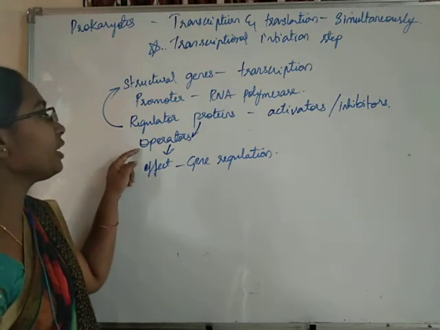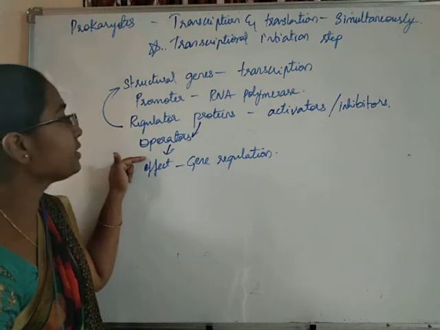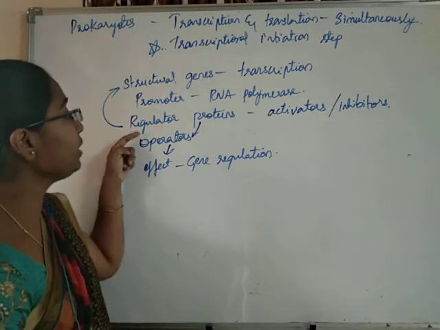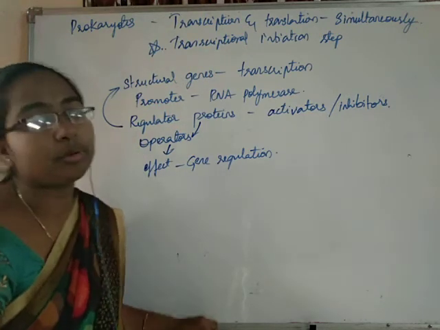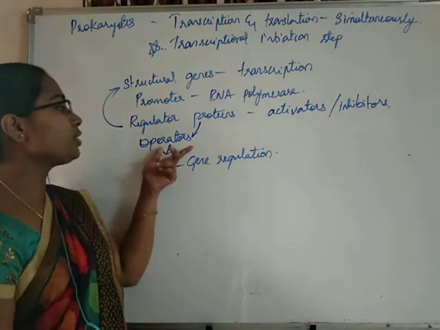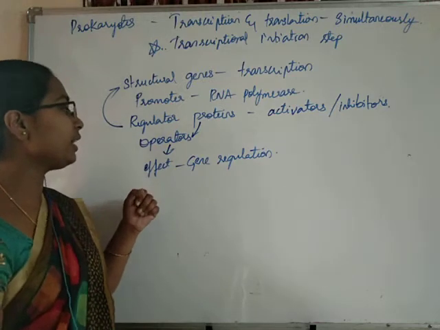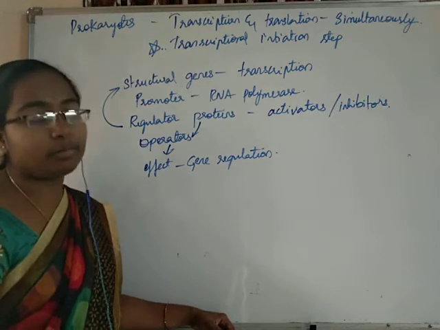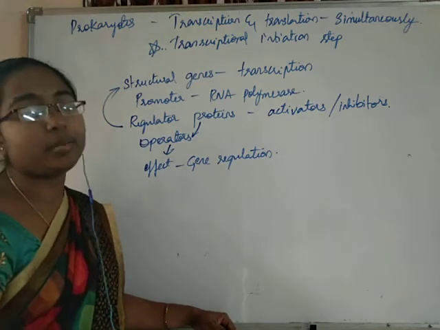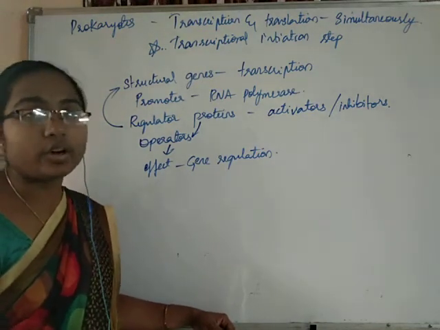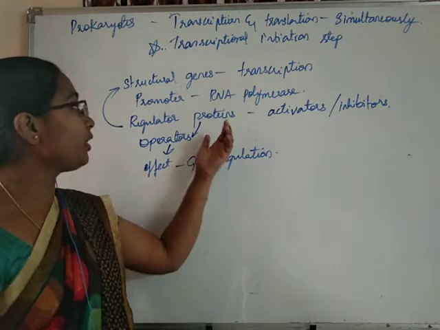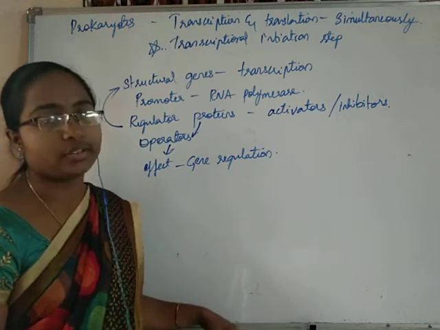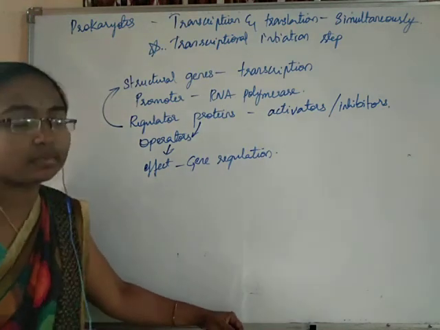When regulatory proteins bind to these operators, gene expression is regulated, whether inhibited or activated according to the type of regulatory protein bound to the operator. So this is how gene expression is regulated.